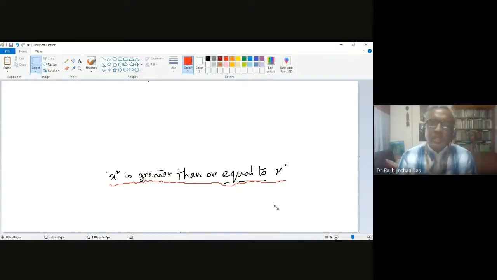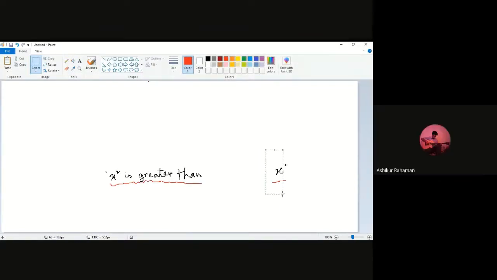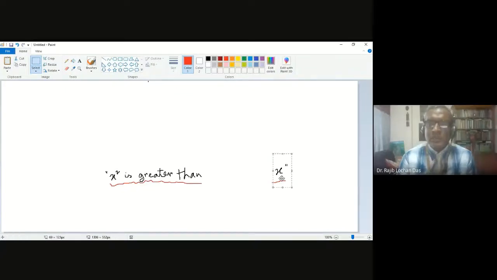Say this thing again, okay? Or I'm writing x square is greater than x. So what do you think? Is it correct for every number? No, sir. Then it is an existential quantifier example.